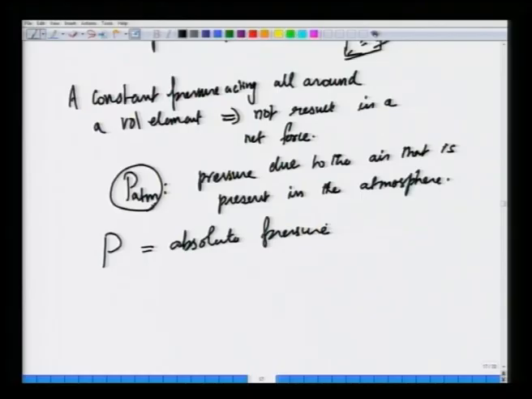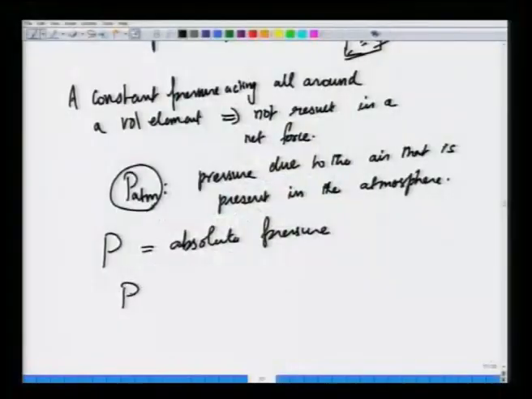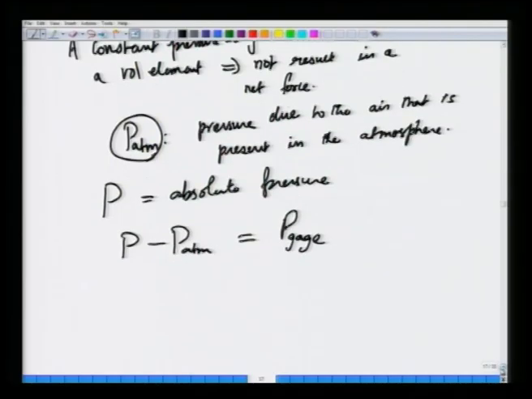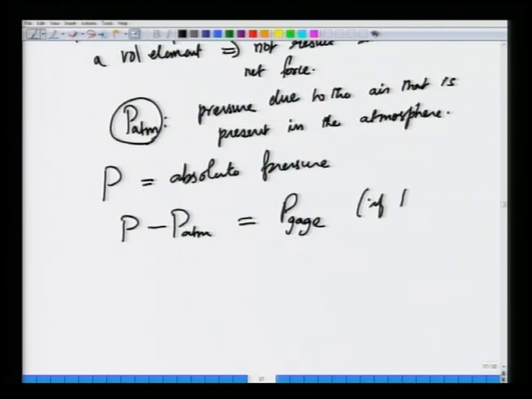But since in many problems you have atmospheric pressure acting all around, it is only the difference between the absolute pressure and atmospheric pressure that matters. So, this is called the gauge pressure. This is if the pressure in the fluid is greater than atmospheric pressure.